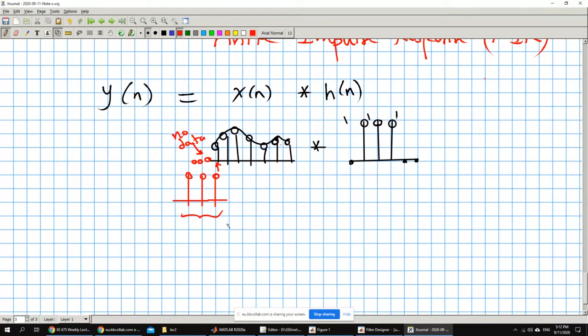So you're not going to be able to get the real results if you just shift it by 1. The second one would be like this. The third one will be like this.